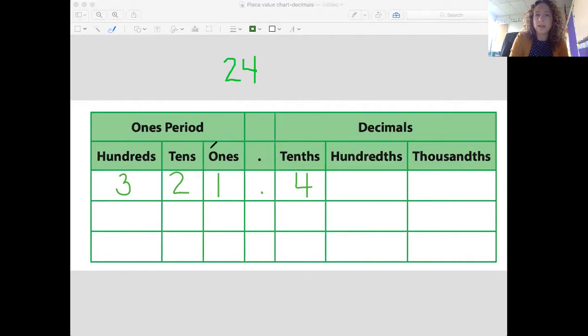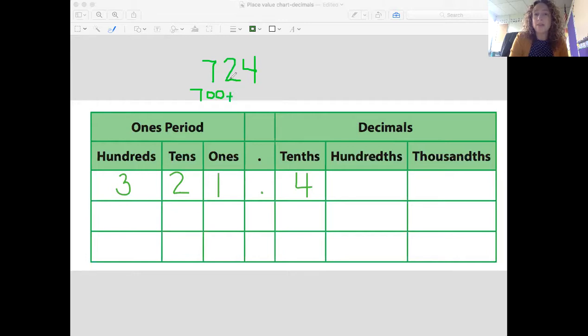The 4 is in the ones place, 24. If we added a number in front of that, like 7, we now have a 3-digit number. This is the hundreds place, this is the tens place, and this is the ones place. So this is worth 700 because it's in the hundreds place, right? And then this one is in the tens place.